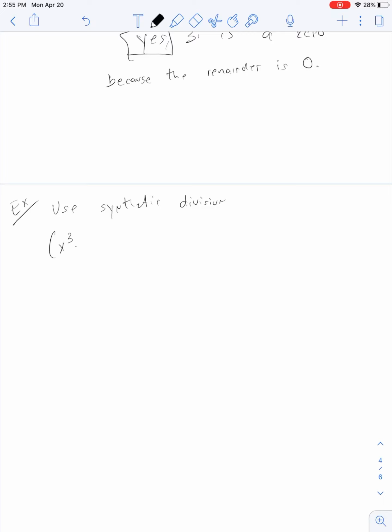We have x to the third plus 5ix squared minus 13ix minus 12 divided by x plus i. Once again, we do the opposite because that's a plus i, we do a minus i. Our coefficients, well, this is a 1. This is a 5i. This is a negative 13i, and then we have a negative 12.